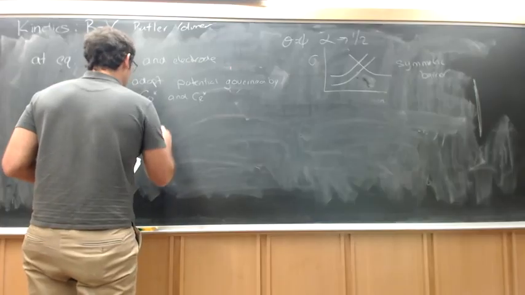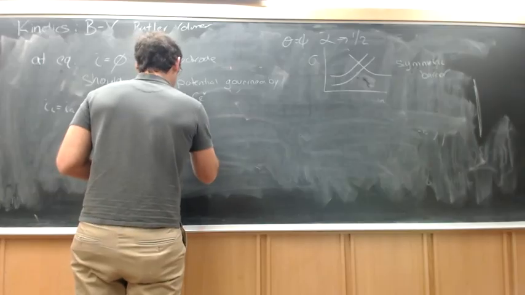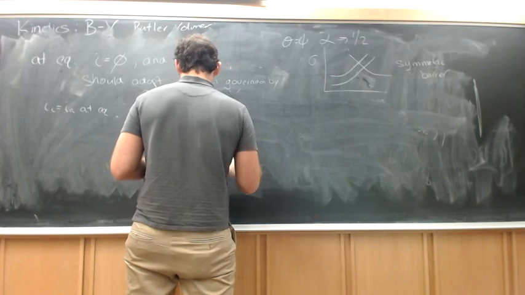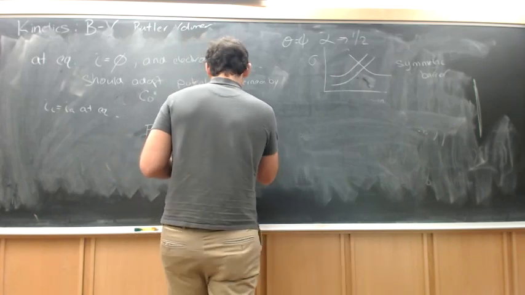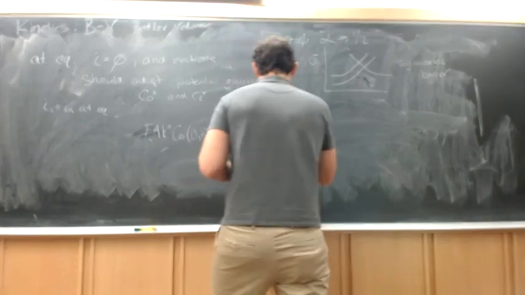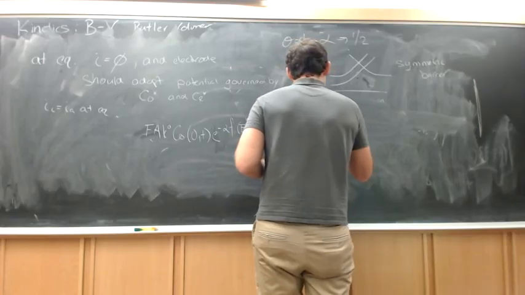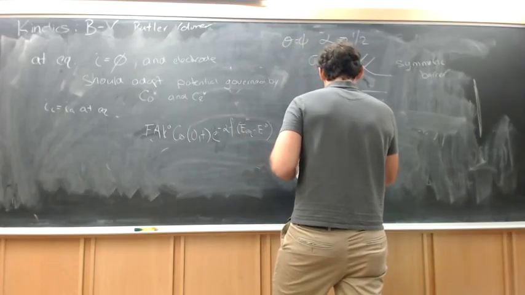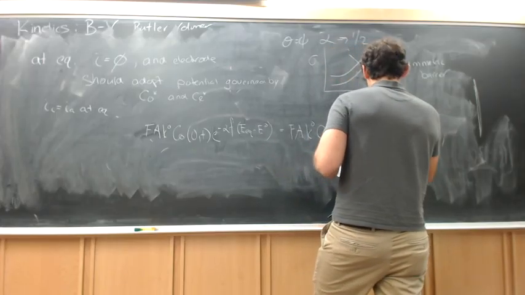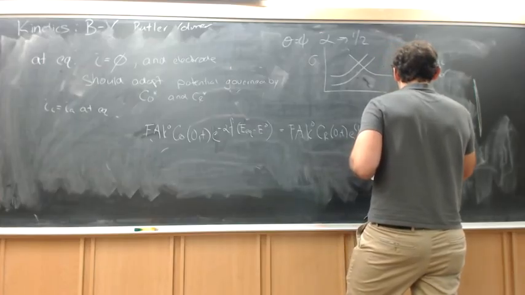F A k naught C_O(0,t) e to the negative alpha F (E_eq minus E naught) equals F A k naught C_R(0,t) e to the (1 minus alpha) F (E_eq minus E naught).